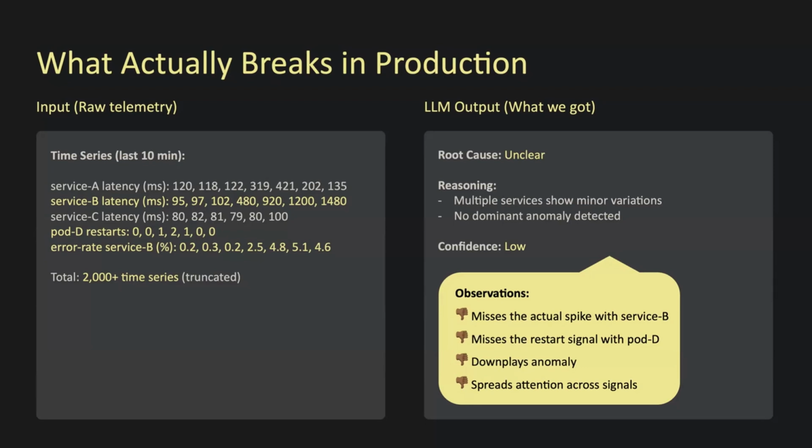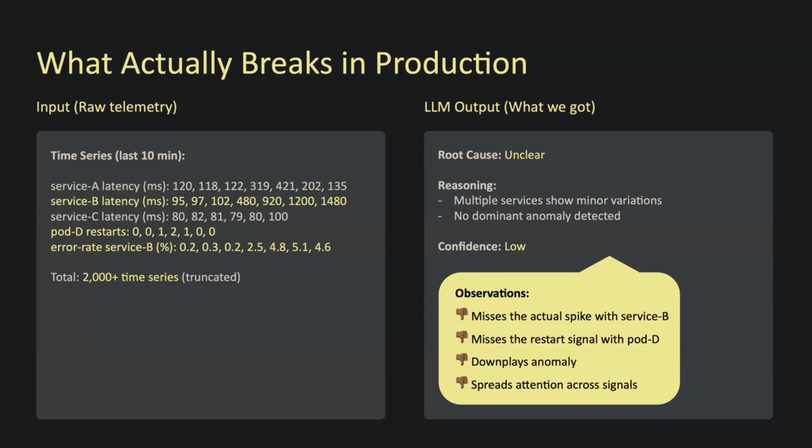As a human, when you take a look at this data set, it's pretty obvious that the latency for service B has jumped from 100 milliseconds to well over a second. And during this time window, there has also been an increase in the error rate. And you also see associated pod restarts going on. So it's very obvious that something is not right. But when this information is given to the LLM, it says that there was no dominant anomaly detected.